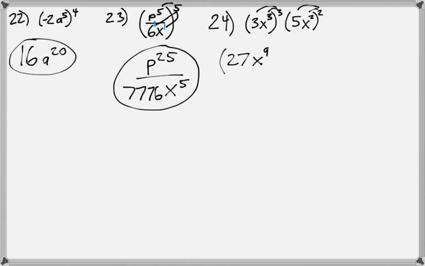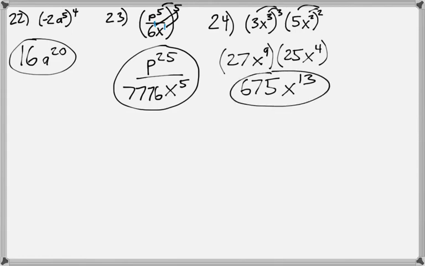And then this is times 5 squared is 25. X squared raised to the 2, you want to multiply the exponents, and that will be x to the 4. And then if you multiply these, 27 times 25, we get 675. This will be x to the 13. And that'll be our final answer.